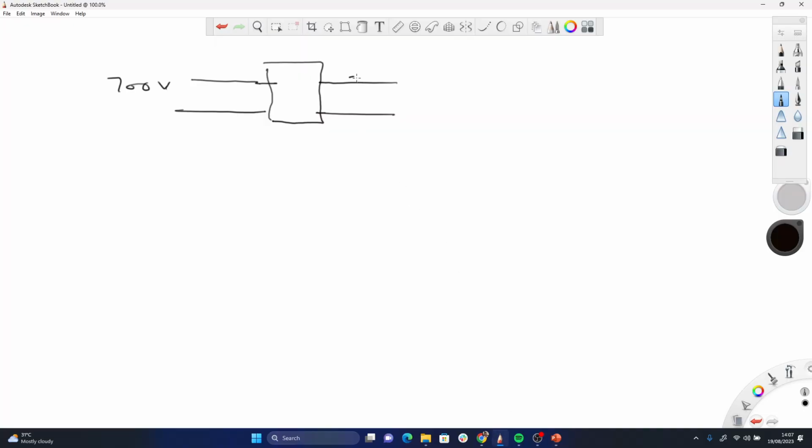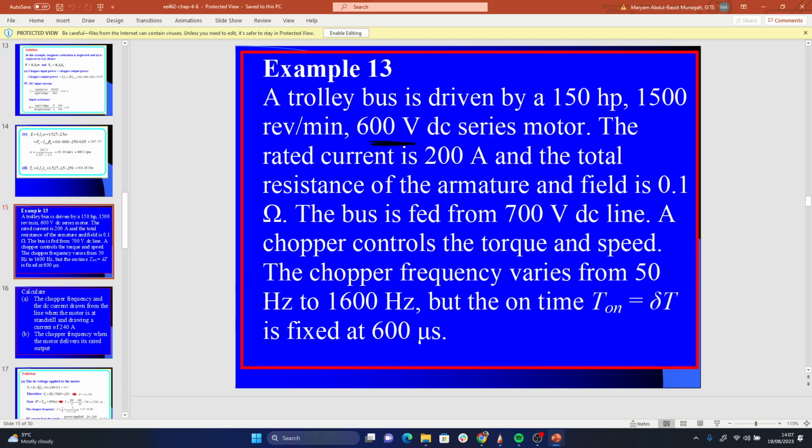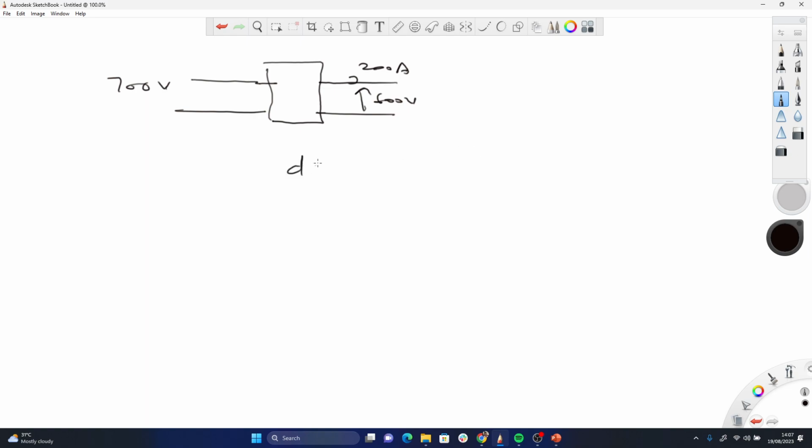So the motor is drawing 200 amps at 600 volts, right? Now, we've been given the on time, delta T, equal to 600 microseconds. So the duty cycle over the period is 600 microseconds over T. I must find the frequency, right?